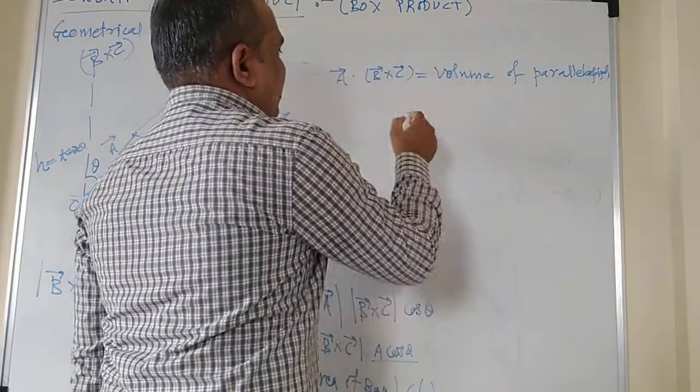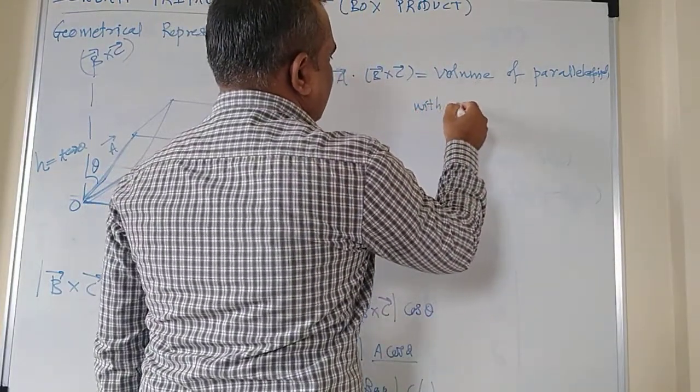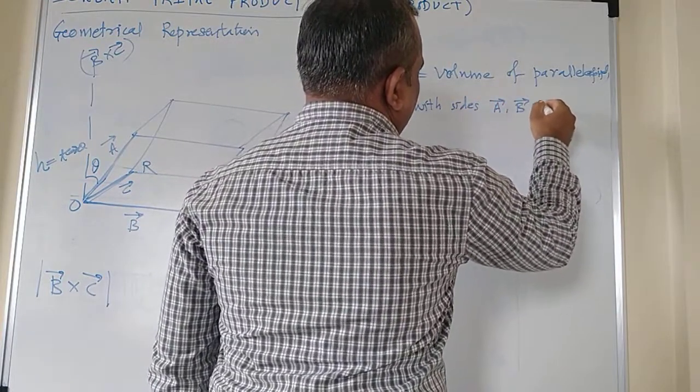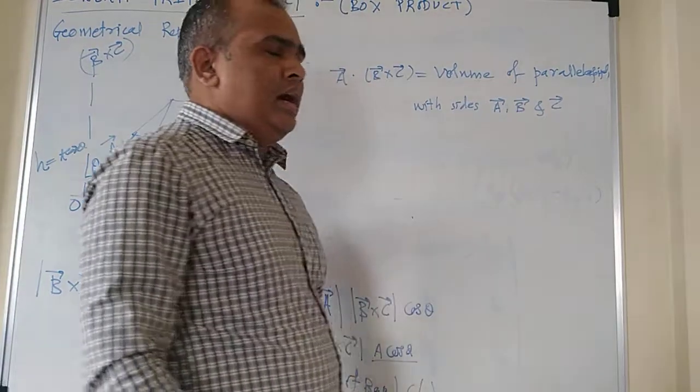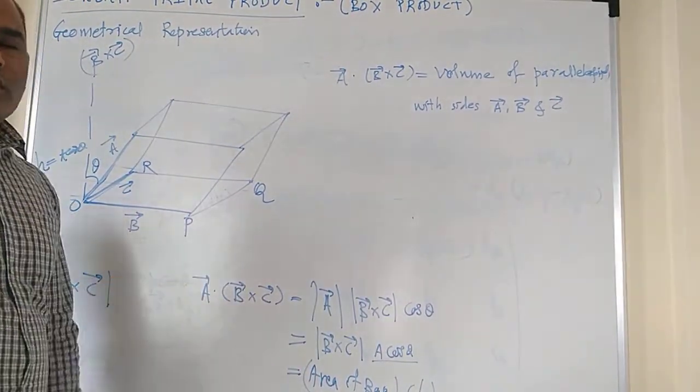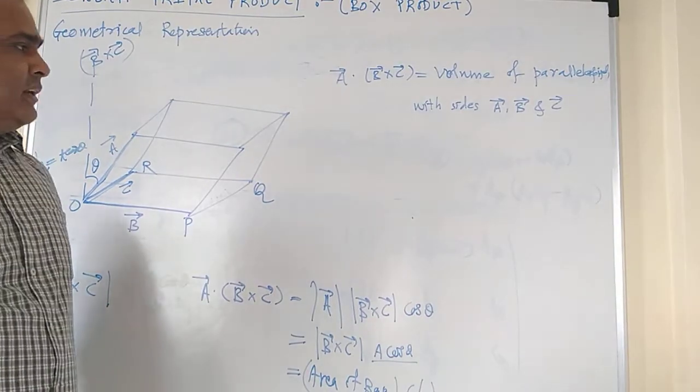Volume of the parallelepiped with sides A bar, B bar, and C bar, the three vectors. So ultimately, what is the physical significance of the scalar triple product?